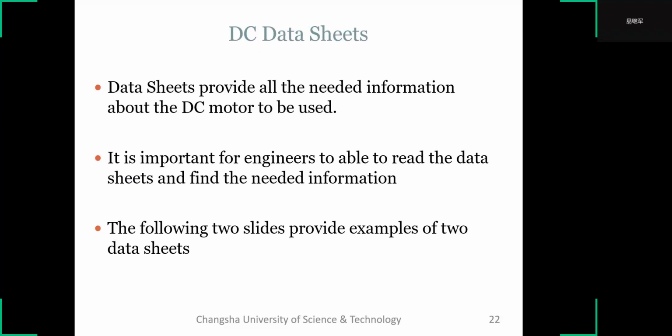If you want to select the right motor, you need to check the data sheet. The data sheet provides all the needed information about the DC motor to be used. It is important for an engineer to be able to read the data sheet and find the needed information. The following two slides provide some examples.